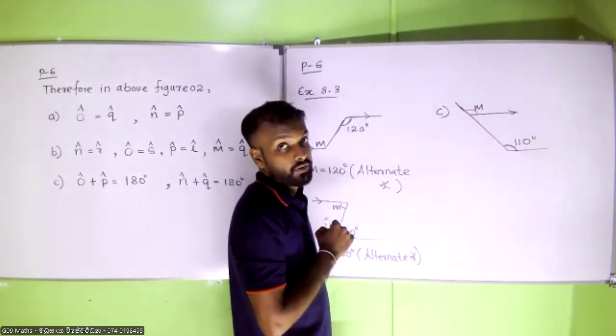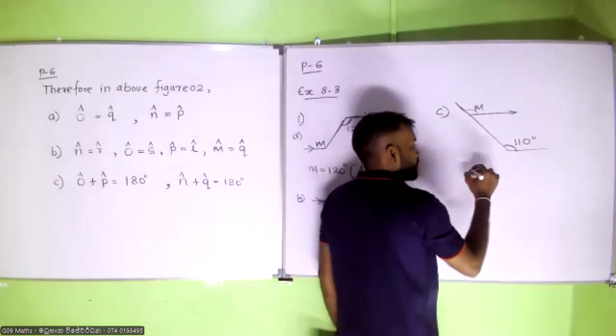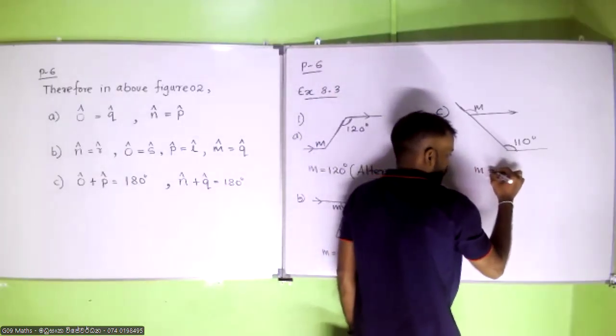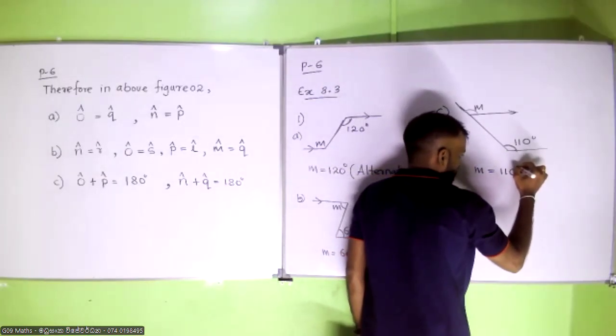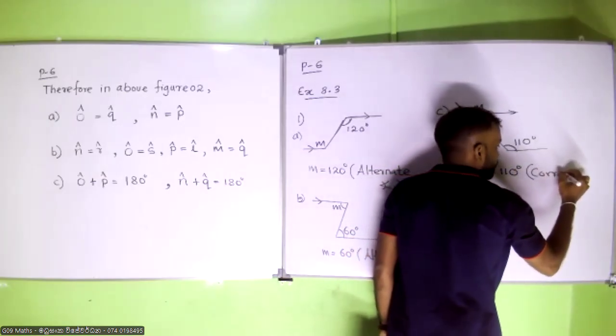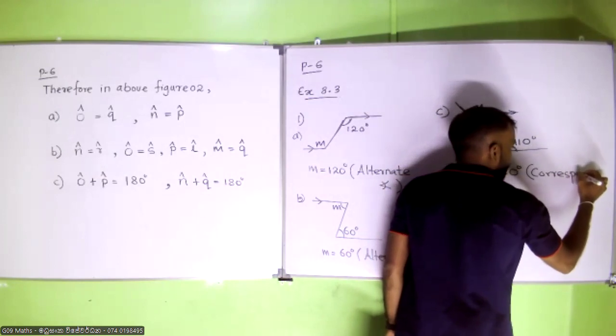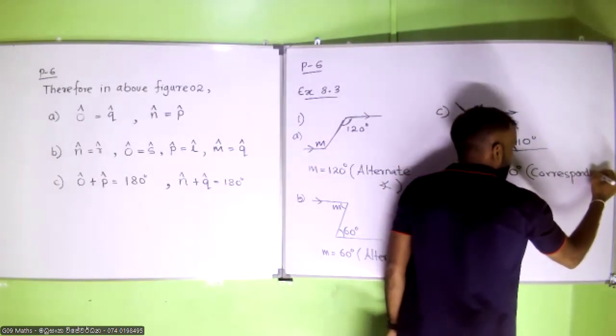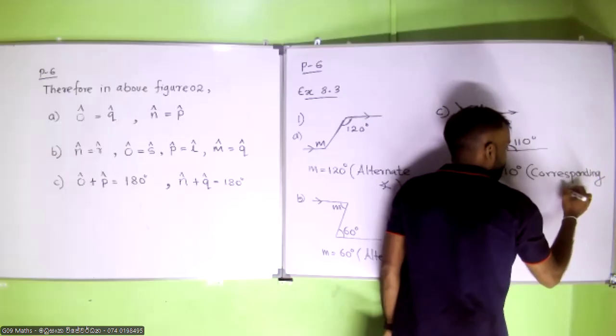So M equals 110. Reason: corresponding angles. Definitely you need to write that.